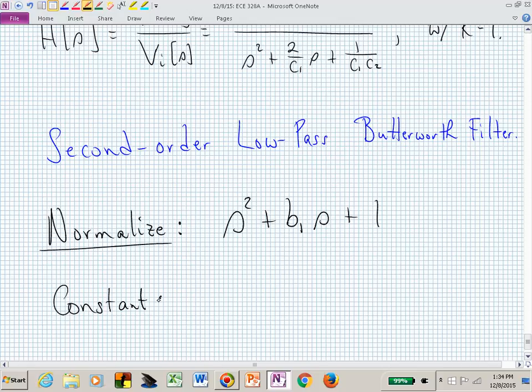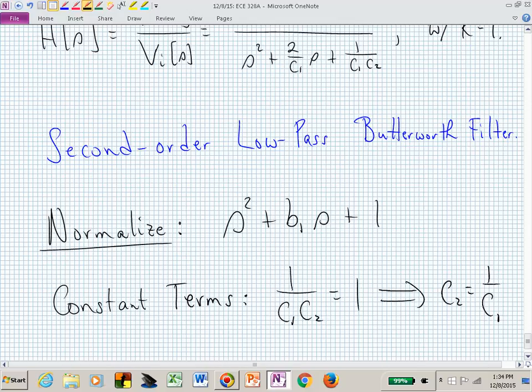And by setting that constant equal to 1, our constant terms, we have a constant in the numerator and a constant in the denominator, and they're both the same, 1 over C1, C2. And we've set both of those equal to 1. That now gives us a relationship between C sub 2 and C sub 1.